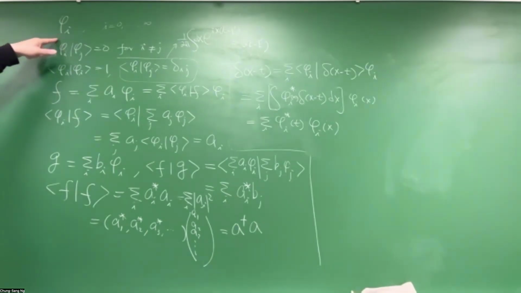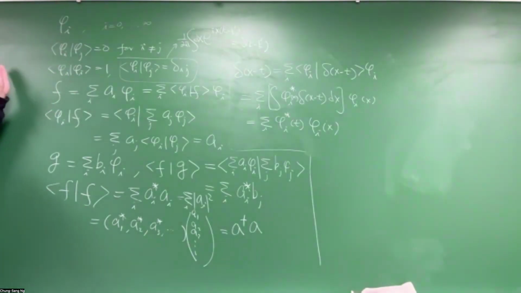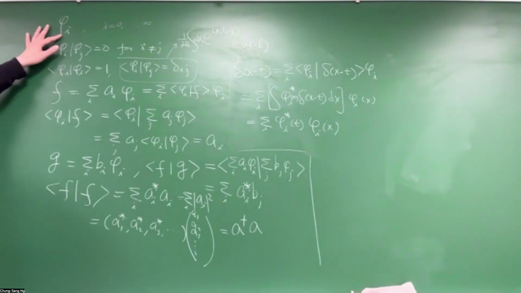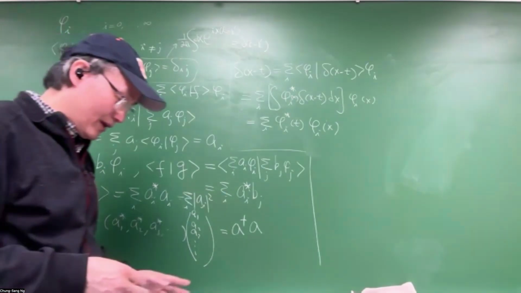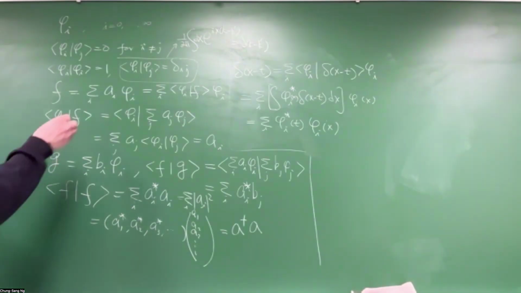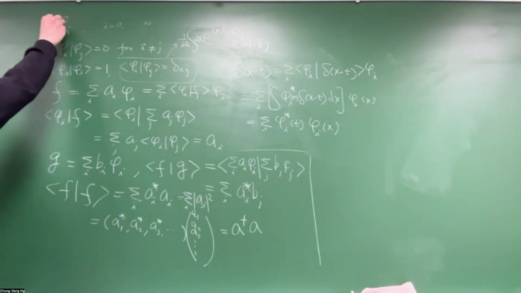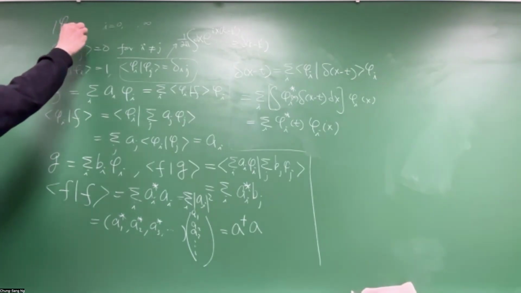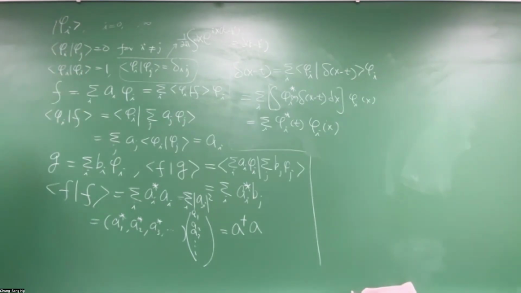So instead of writing a function, in this notation the bases are given by a function, right? You just write phi i, without any extra notation. But in Dirac notation, this basis can be written as what we call the ket vector.